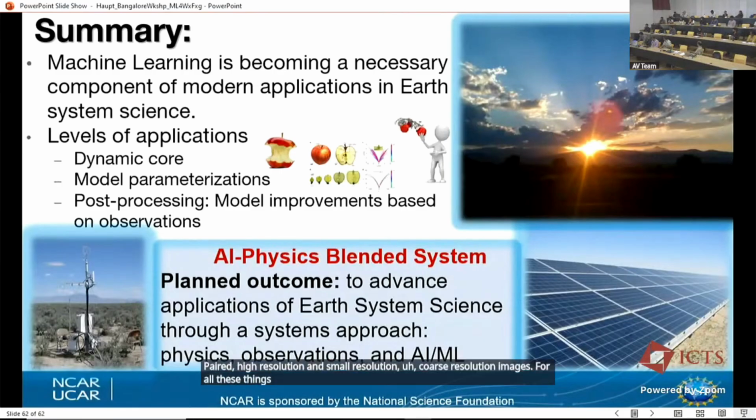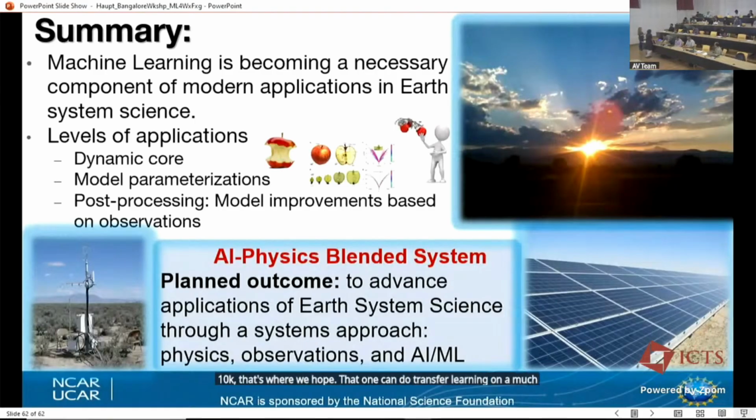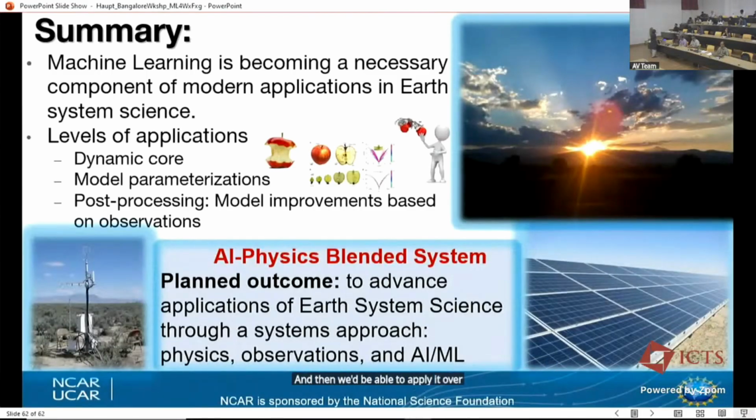Okay, that's where we hope that one can do transfer learning on a much larger scale than we demonstrated, just a nearby domain. One hopes that it'll work that way, but we aren't really sure. On the urban problem that I'll talk about later, the vision is that we train over one or two cities, and then we'd be able to apply it over other cities. We don't know if that's true yet.